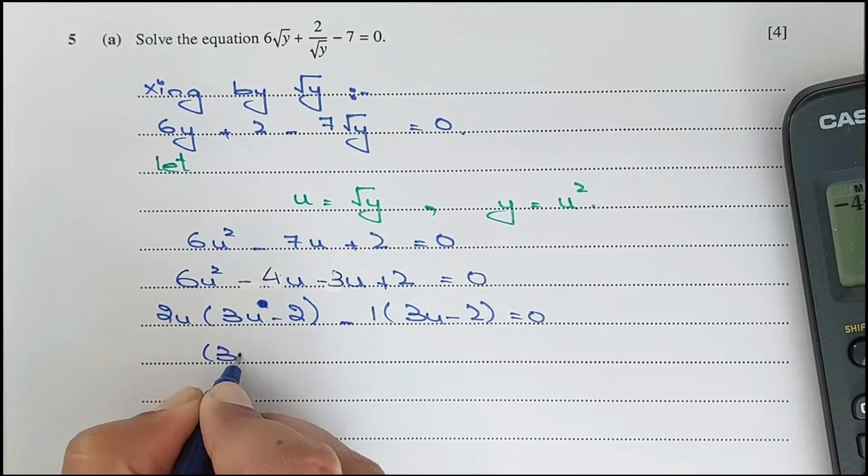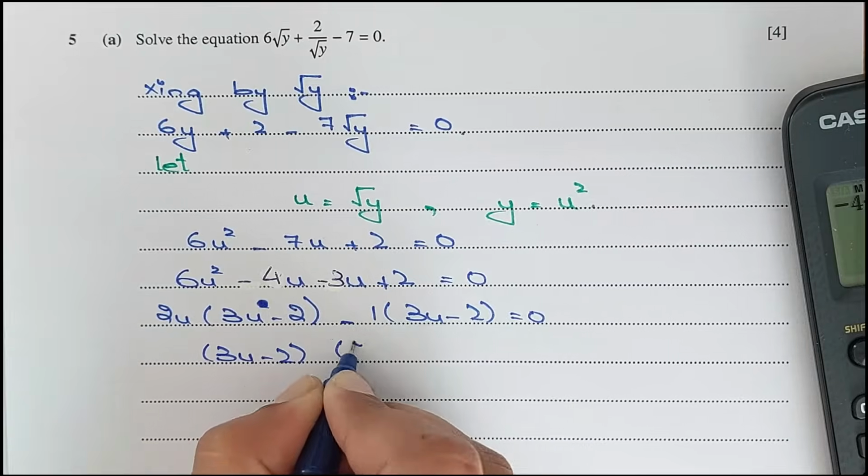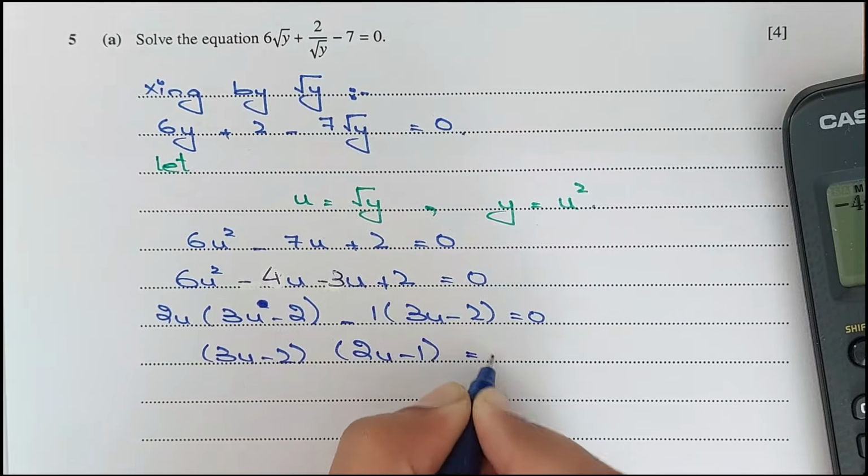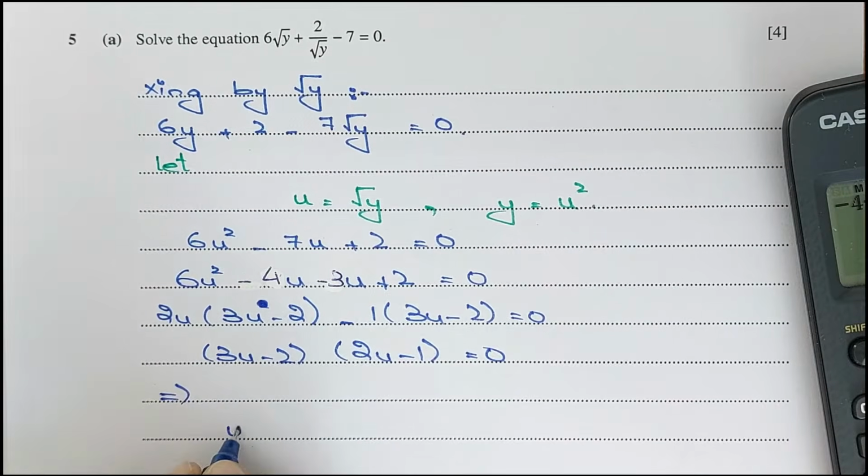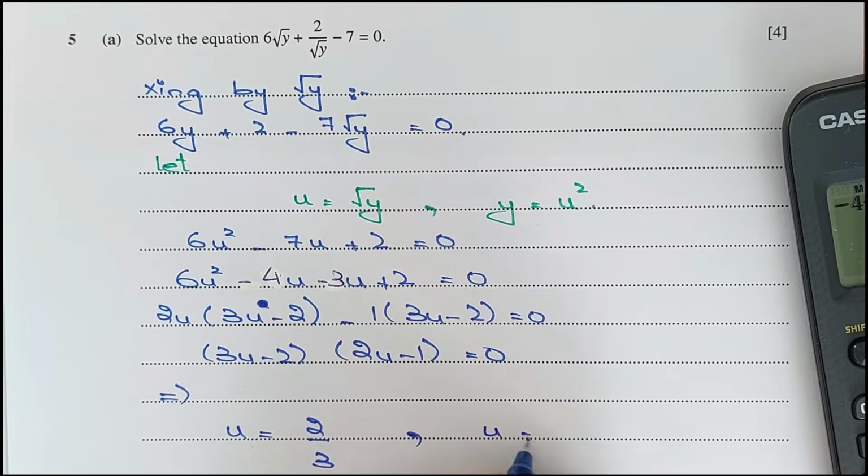So the factors are 3u minus 2 and 2u minus 1 equal to 0. From here we have u equals 2 by 3 and u equals 1 by 2.